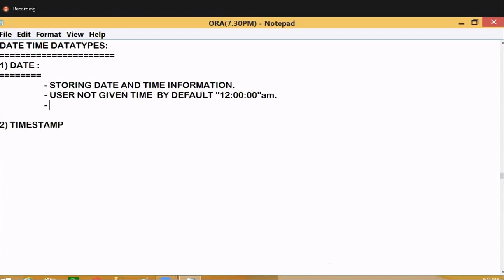And here, in Oracle, what is the format of the date data type?